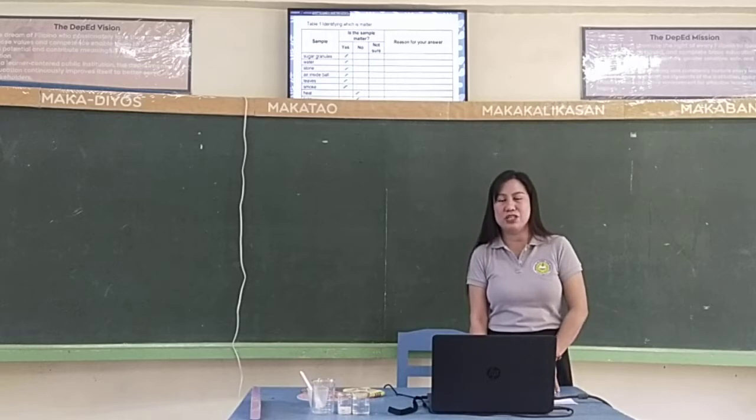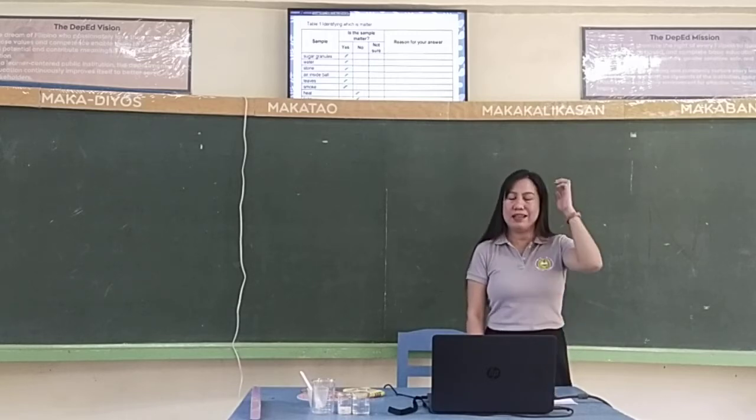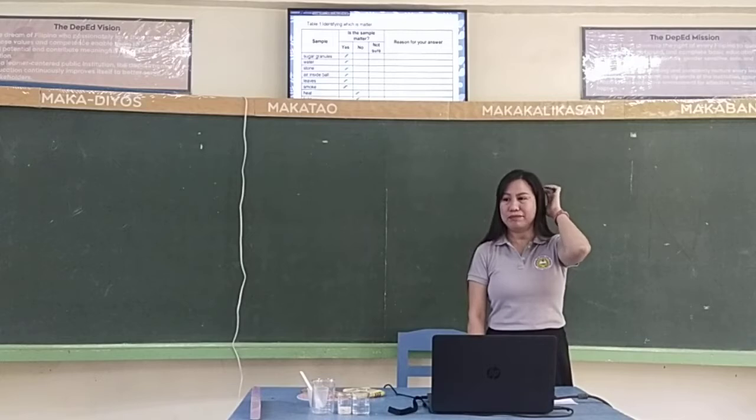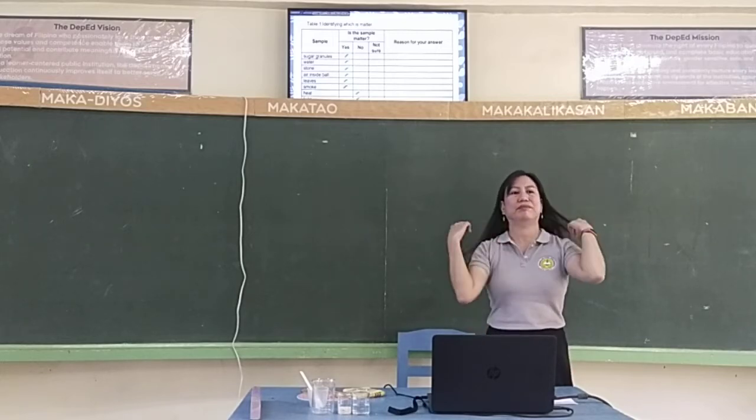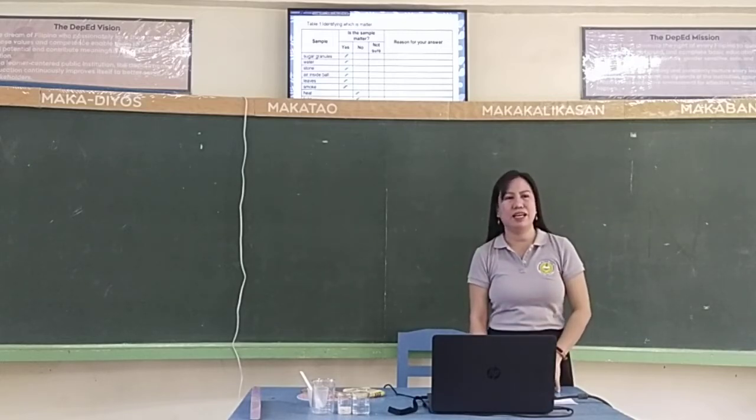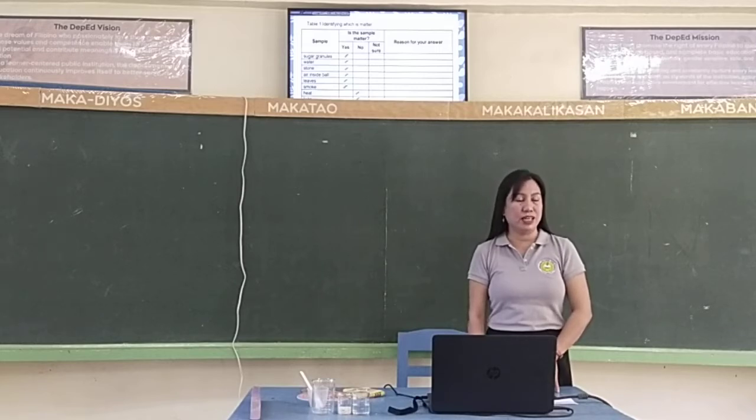What do you think are the reasons why heat and light are not matter? Can you still remember? Any idea? Heat and light are not matter, but they are a form of energy. We didn't even get the mass of heat, as well as light.